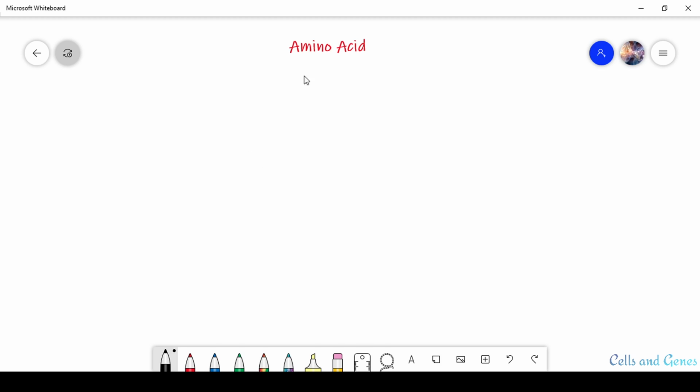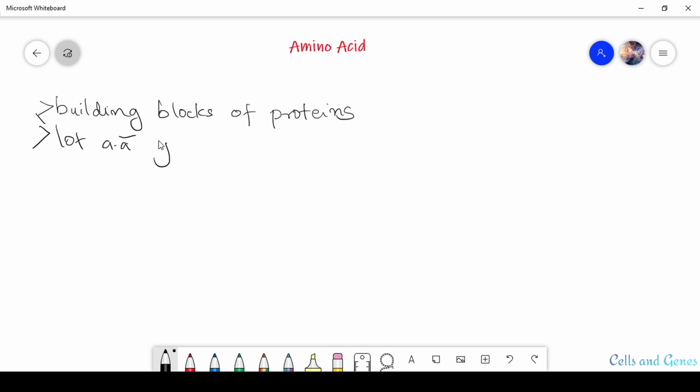So today we learn about amino acids. We all know that amino acids are the building blocks of proteins. A lot of amino acids join together to form proteins.